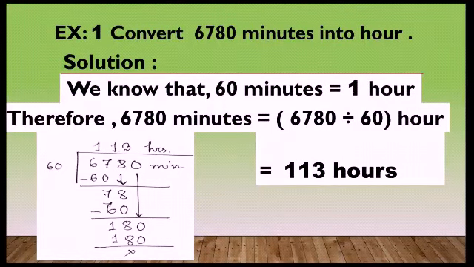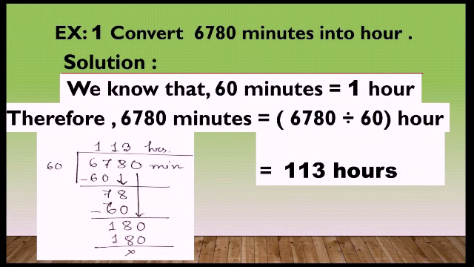Look at the first example. Convert 6,780 minutes into hours. Here, in the question it is written that you have to convert minutes to hours. Minute is the smaller unit and hour is the bigger unit, so we have to convert smaller to bigger. That means divide. See the procedure.